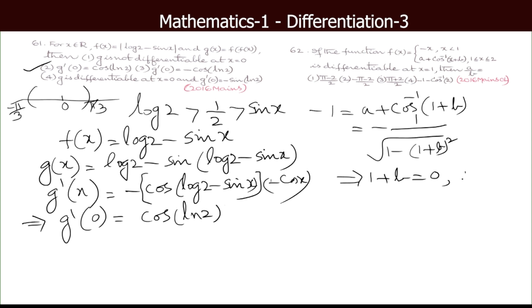When 1 plus b is 0, b equal to minus 1, and a equal to minus 1 minus arc cosine 0, that is minus pi by 2. So, what is a by b? It is (minus 1 minus pi by 2) by minus 1, so 1 plus pi by 2, which is equal to (pi plus 2) by 2.